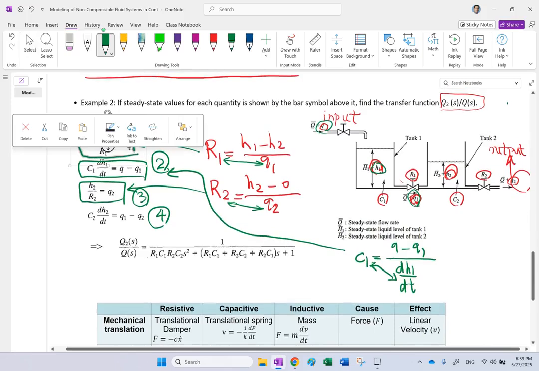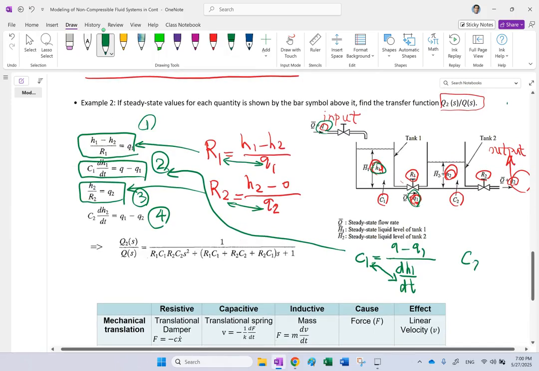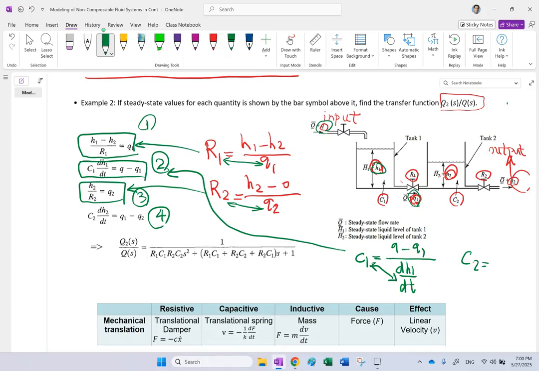And then, of course, the definition of C2 is what? C2 is the net Q. What is the net Q? Here, Q1 goes into the tank, Q2 goes out. So it's Q1 minus Q2 divided by d over dt of its change in height, which is H2.